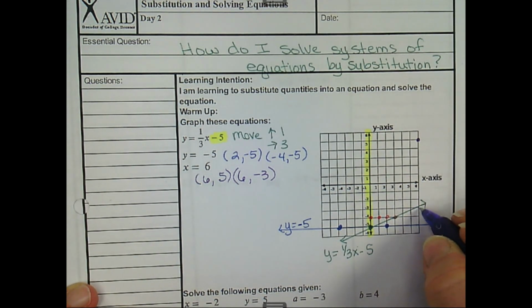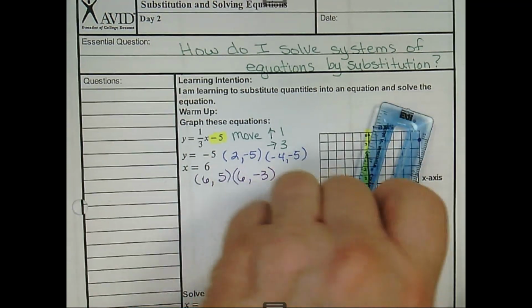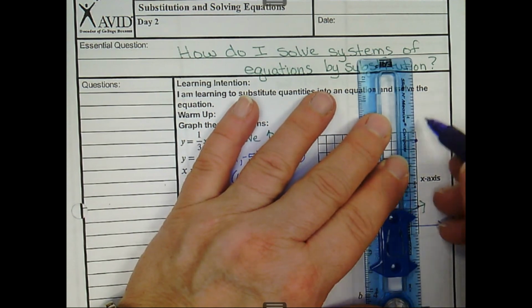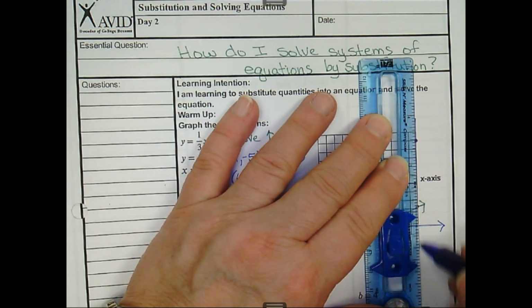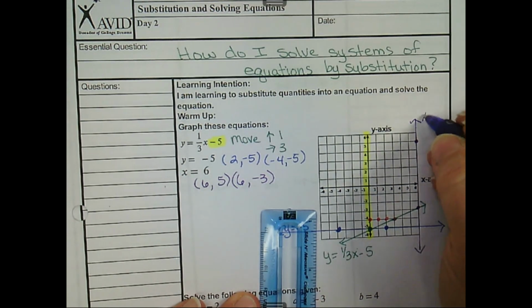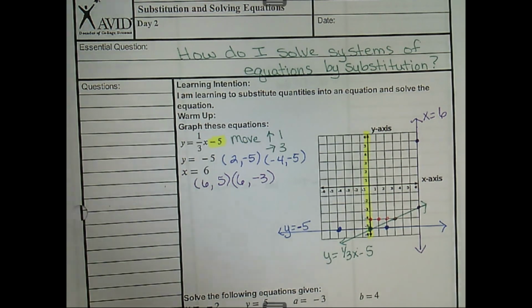Go over 6, I go down 3, that's another point. I can now graph, and I'm done.